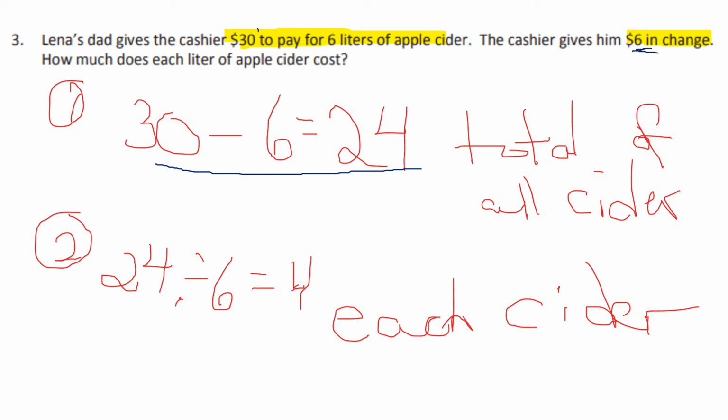So I used this 30, subtracted this $6 of change. So 30 minus 6 is 24. And then remember I said we're going to have to divide 24 divided by the 6 liters to get $4 for each liter of cider. So let's keep going to our next problem.